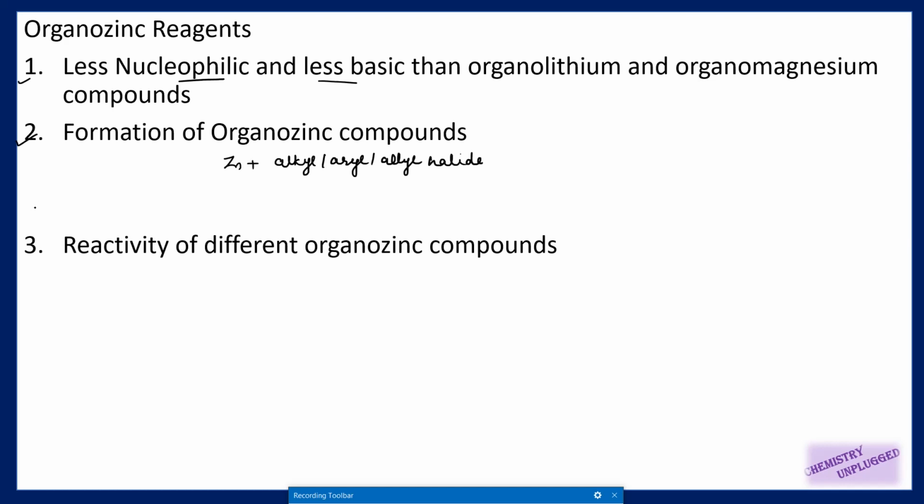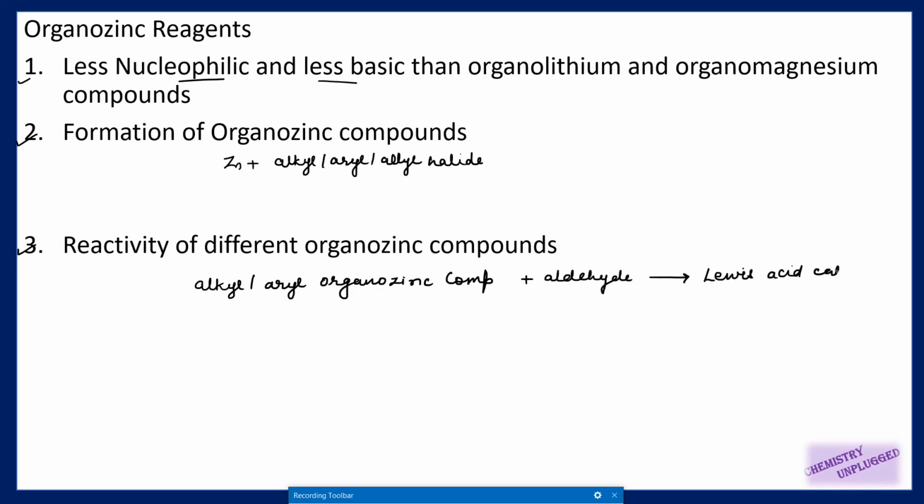Then the third point, which is also very important, is the reactivity of different organozinc compounds. For example, suppose I am using an alkyl or aryl organozinc compound and we want to react it with, suppose, aldehydes, then we have to use some Lewis acid catalyst. Otherwise they will not react, or their reaction rate is very slow.